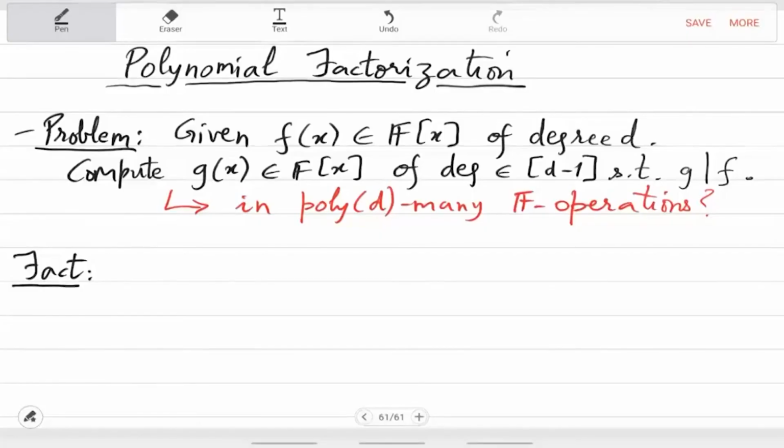And d is the input, so you can basically output all the factors. So you don't just have to find one factor, but once you have an algorithm to find one factor, you can find all factors. So all these things are efficient then. So F[x] is a unique factorization domain.